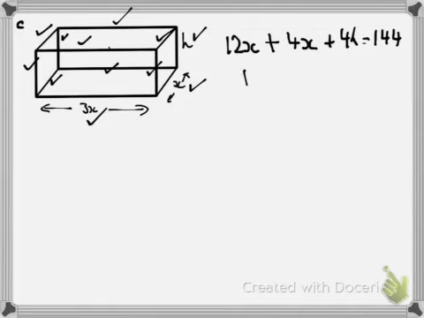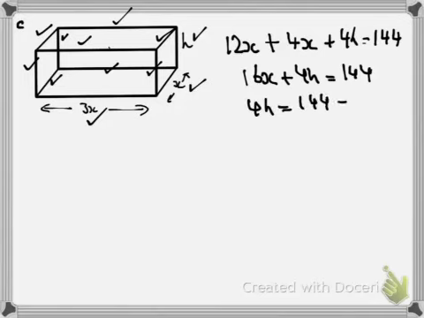So that means that 16x plus 4h equals 144. So 4h equals 144 minus 16x. Divide through by 4, h equals 36 minus 4x.